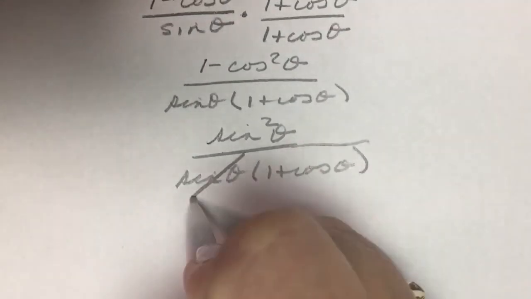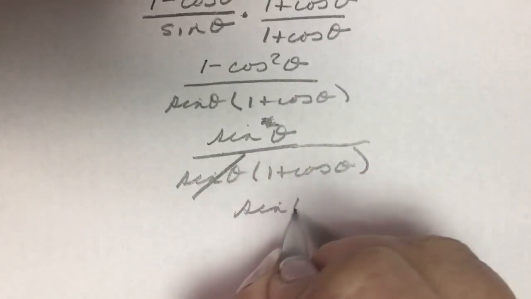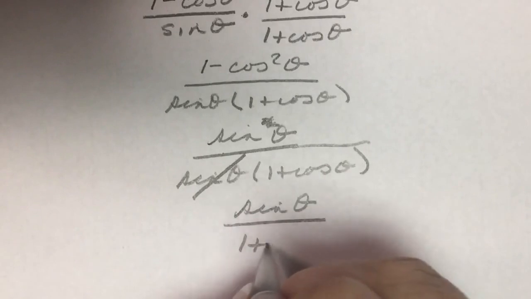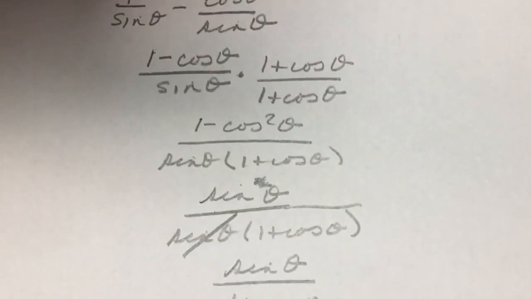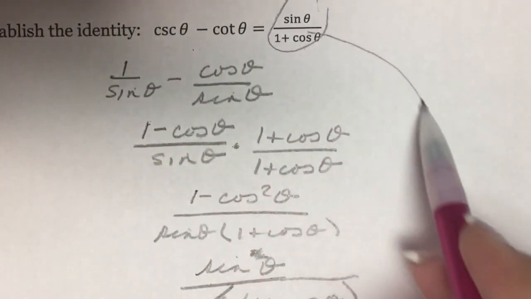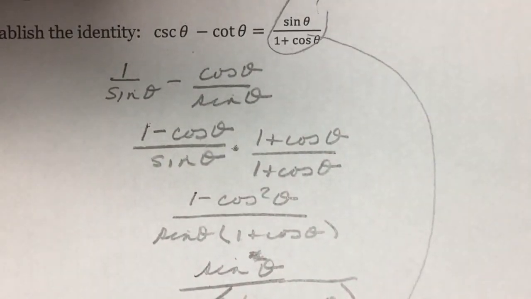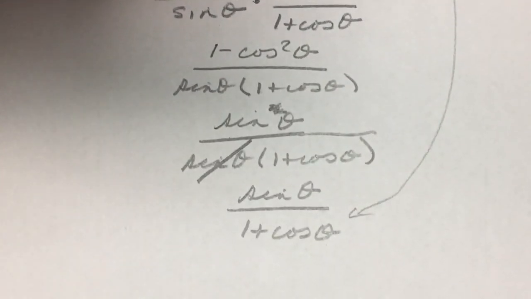I can now cancel this sine theta into one of those. And on the top, I'm left with sine theta. And on the bottom is 1 plus cosine theta. And that is exactly, if you look up at the top, what the right-hand side was. So I have shown that that identity is true by making the left-hand side look exactly the same as the right-hand side.